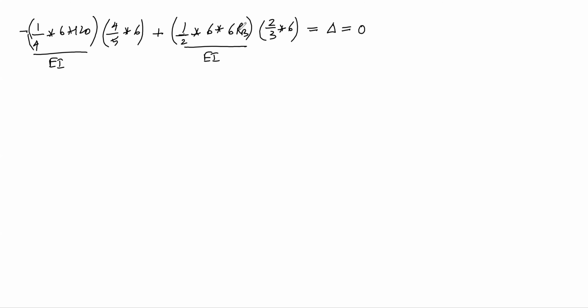So here the only unknown is reaction at B. If we solve this equation, we get minus 864 divided by EI plus 72 RB divided by EI is equal to 0.